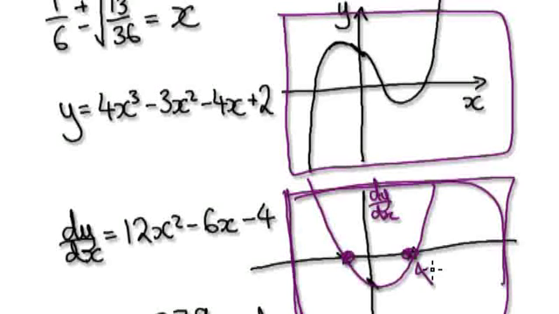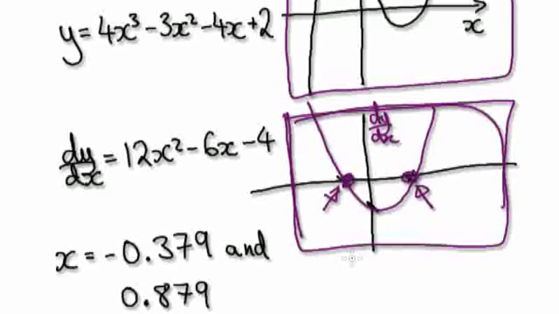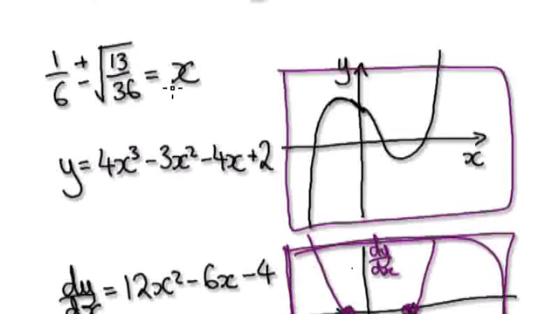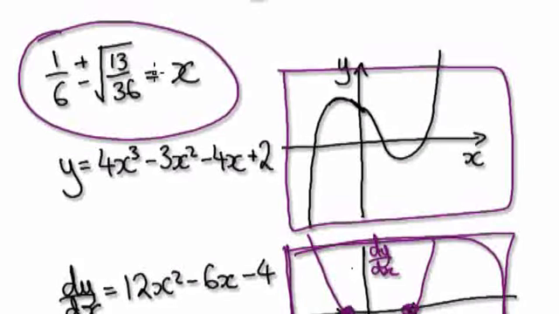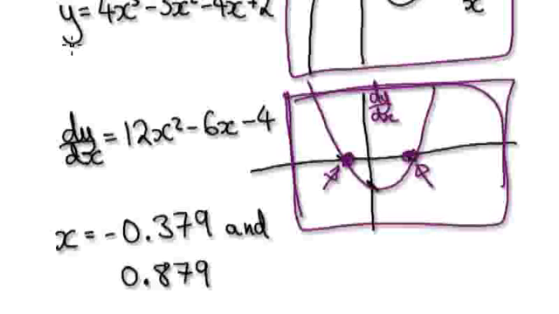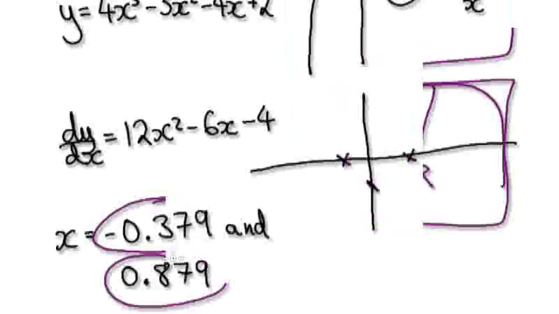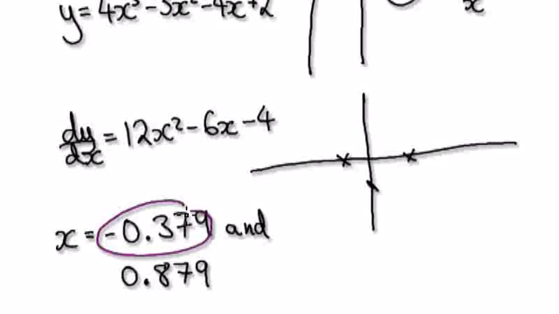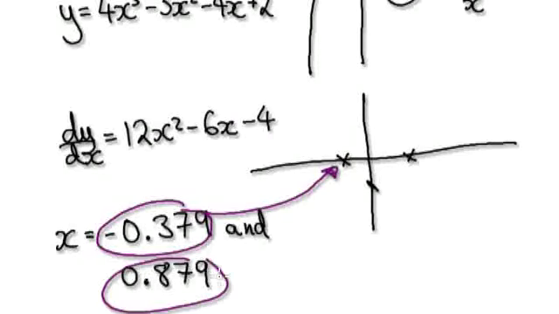The gradient is 0 at these two points here, which we just worked out to be this. When you punch this into your calculator, it will give you these two values here, this and this. This point here is the x value here, and this here is the x value here.